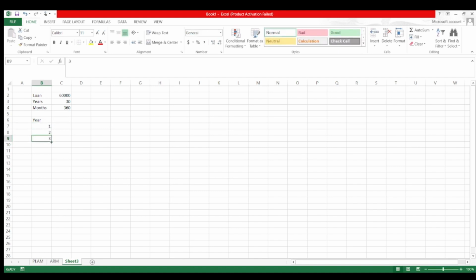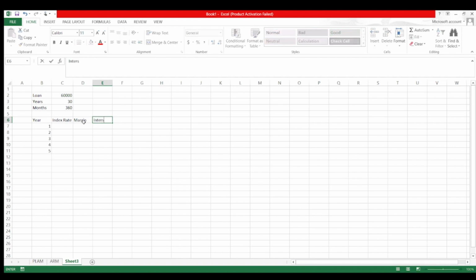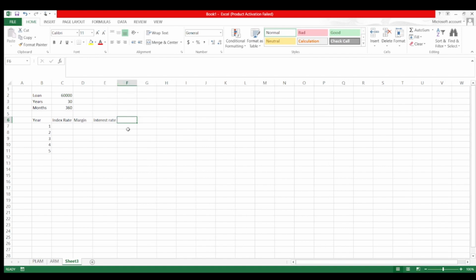So this extends to a period of 5 years. And then we also have the index rate, the margin, the charged interest rate, and from this we can now calculate the relevant payments once they're due.